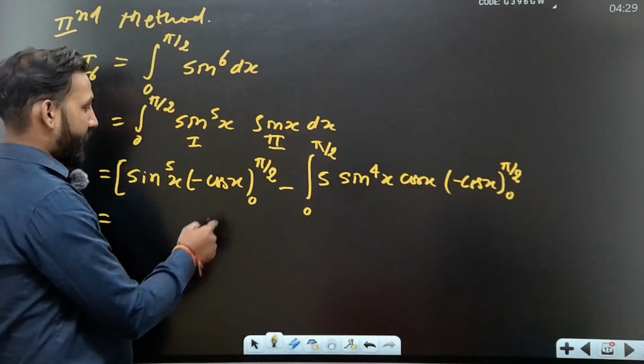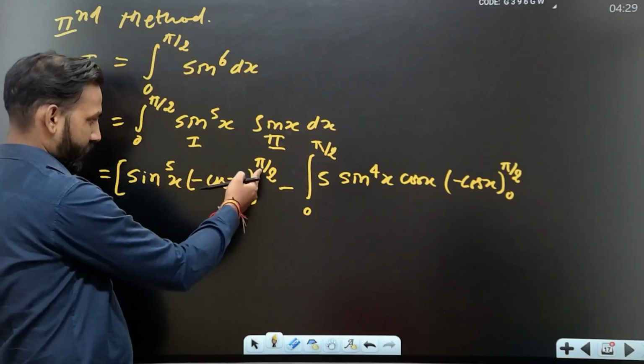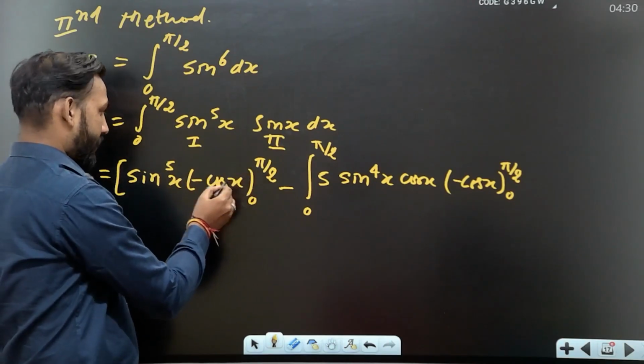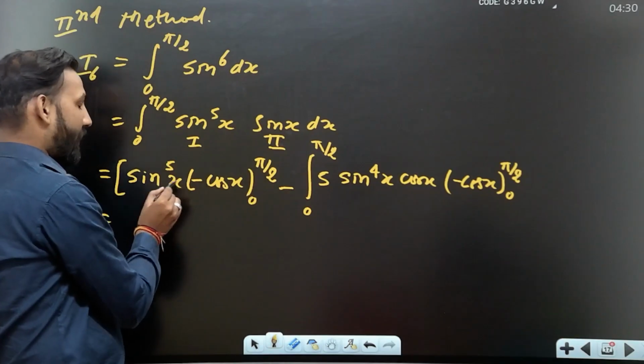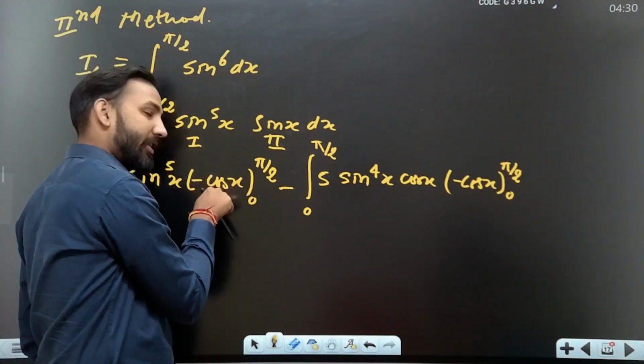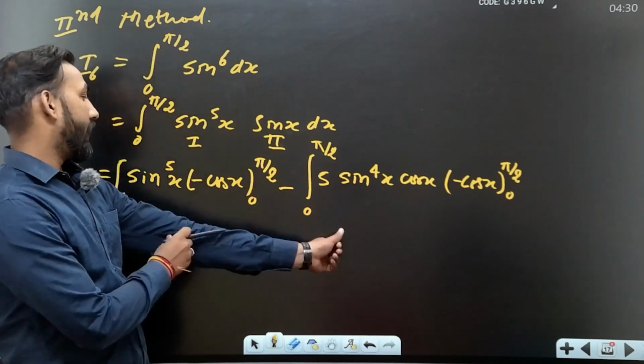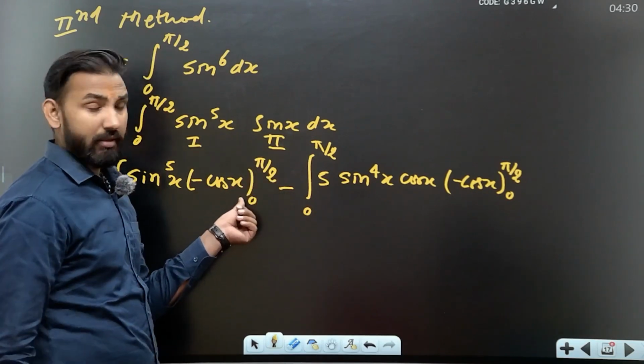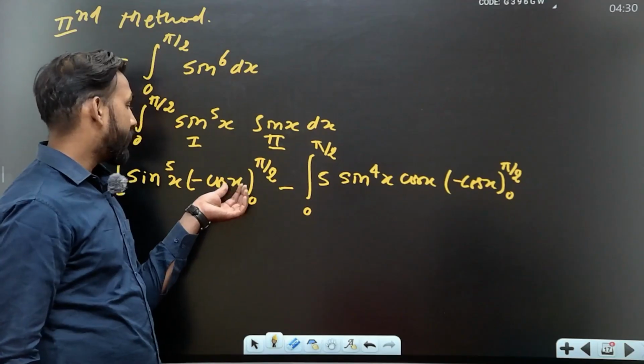Now if we put the upper limit, sin pi by 2 is 1 and 1 to the power 5 is 1, but there is also the function cos x, and if we put pi by 2 in cos, we get 0.